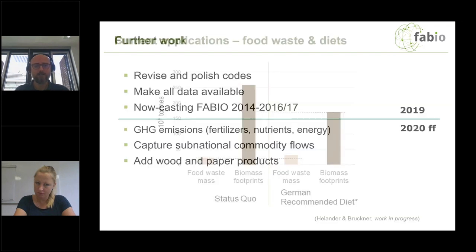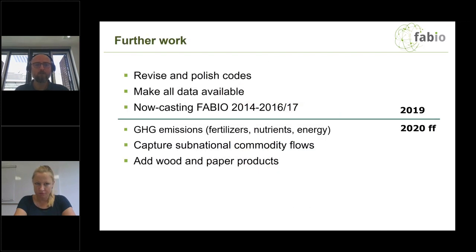Okay, then one final slide on further work that we are currently doing. We are now revising and polishing the codes, and we will make all data available, as I mentioned, still this year, in the coming months.